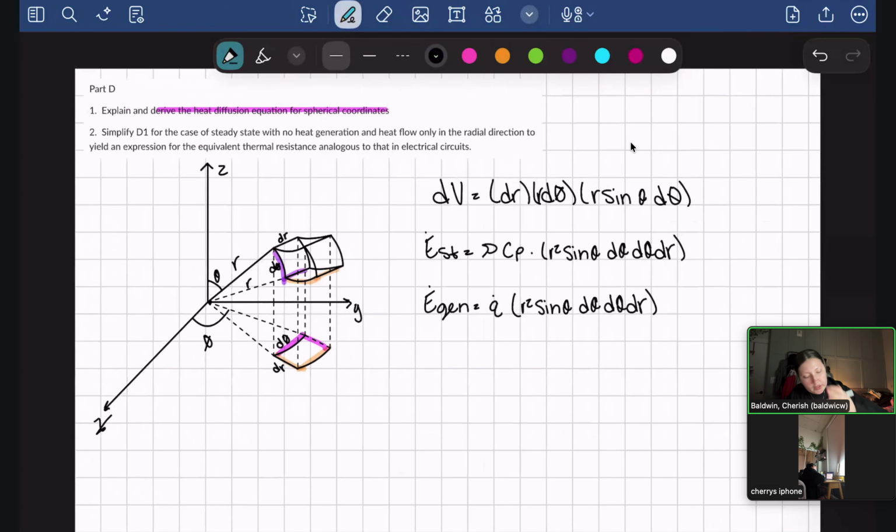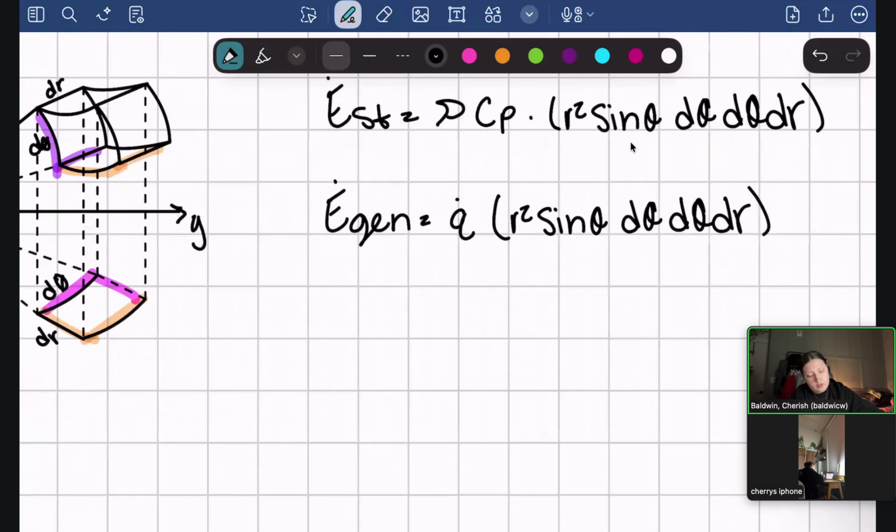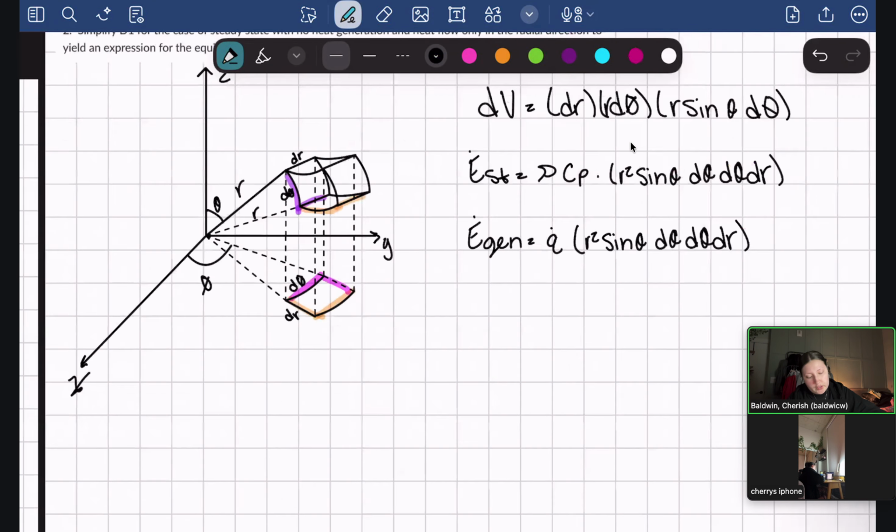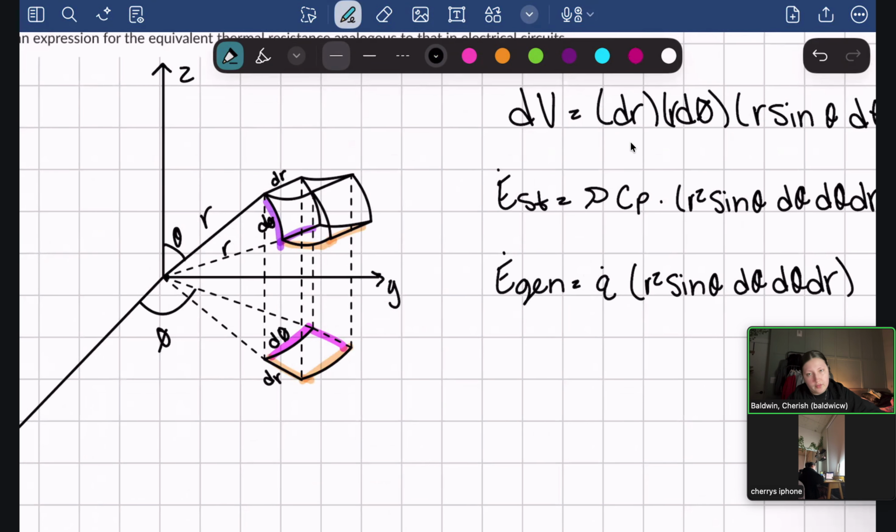Alright, so now I'm going to calculate Q net, which is these three different volumes that I have highlighted.